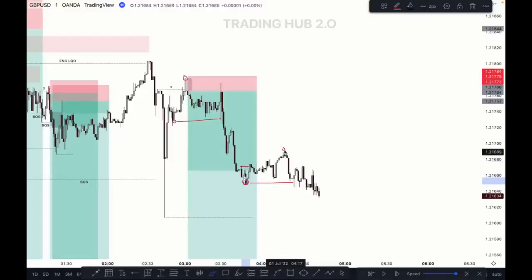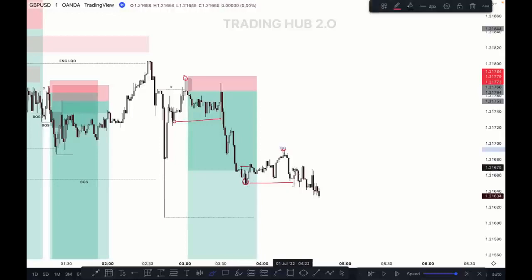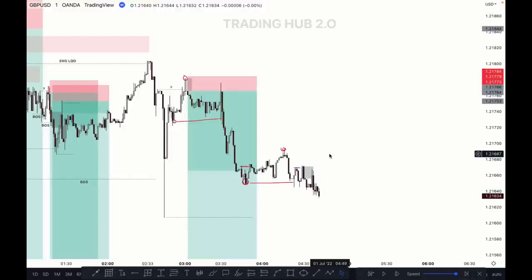When can we sell? We can sell here because this is inducement, and we can sell in this zone. But I'm not saying this is good for you yet, it takes a lot of experience. So the market created a new lower high, broke the structure, closed below it, and took out the recent low, and we can sell here, which is really good, because we are in a bearish market.